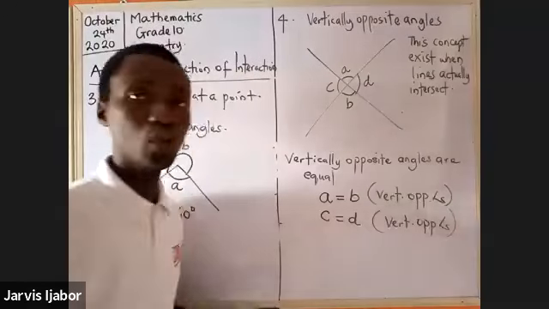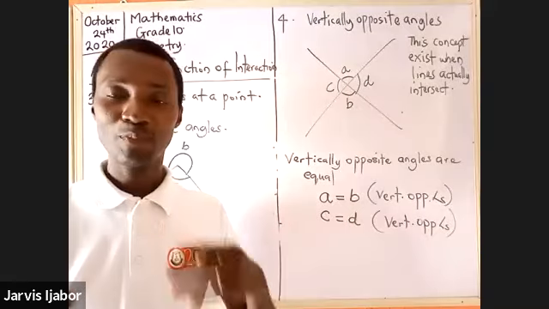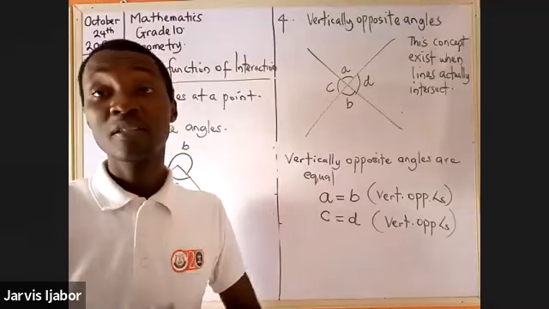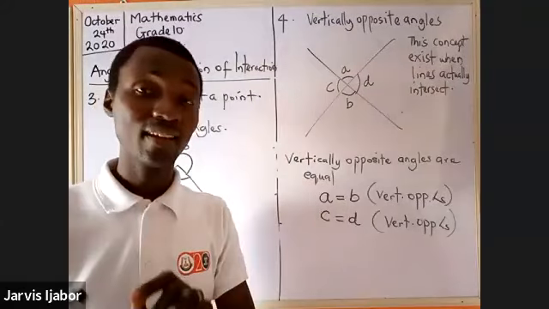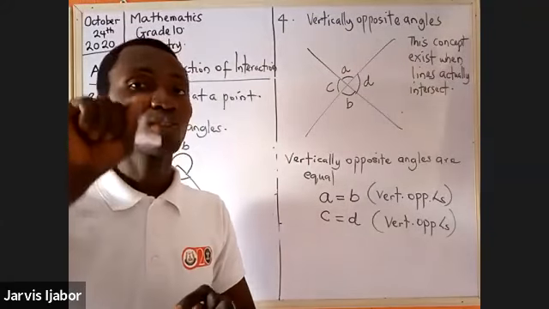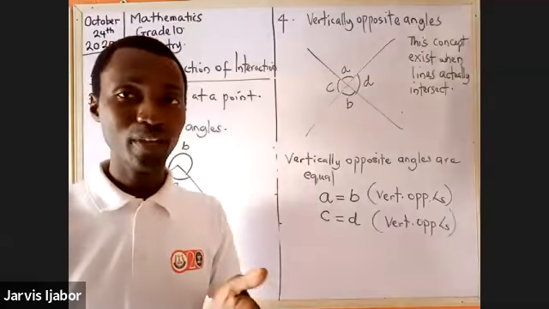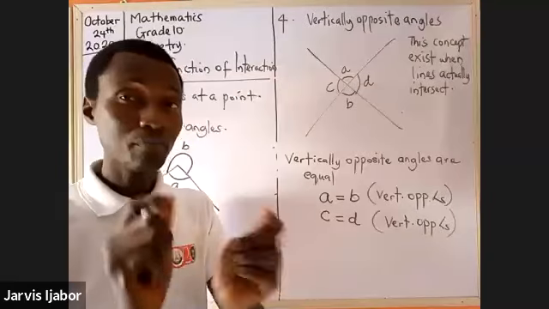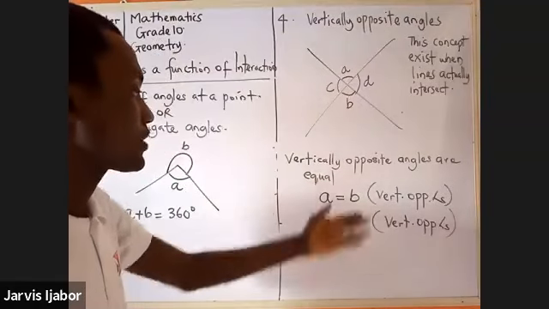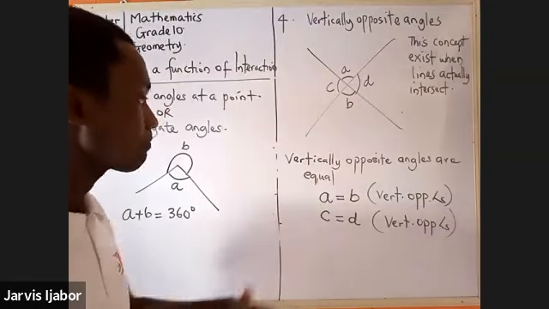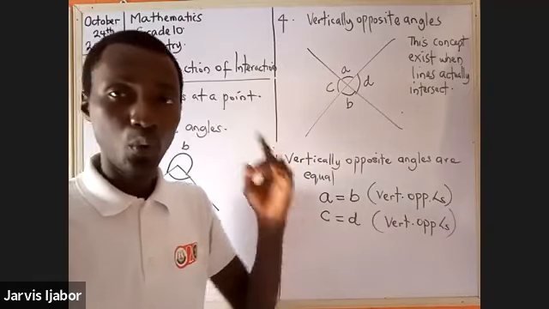And this is actually a build-up for something we are going to do shortly. It's a build-up, or sometimes if you're a movie fan like me, it's an Easter egg for formal geometry. There's something we call formal geometry, and we're already building us gradually to that point. So vertically opposite angles are equal.